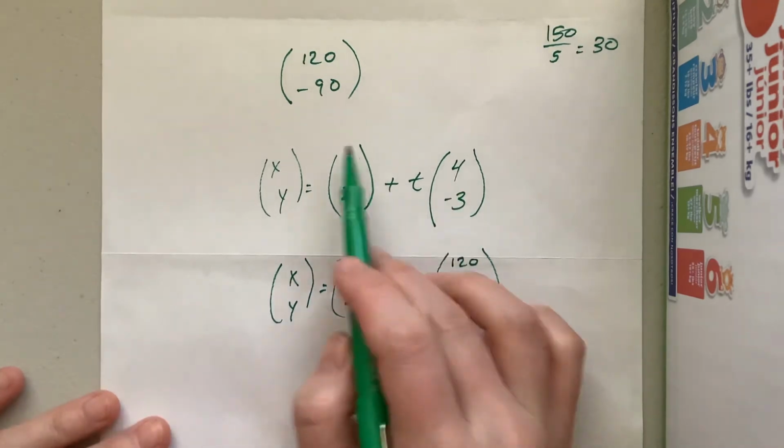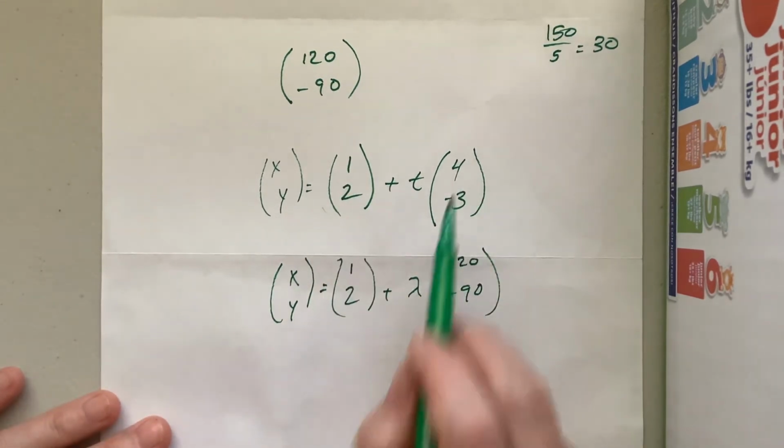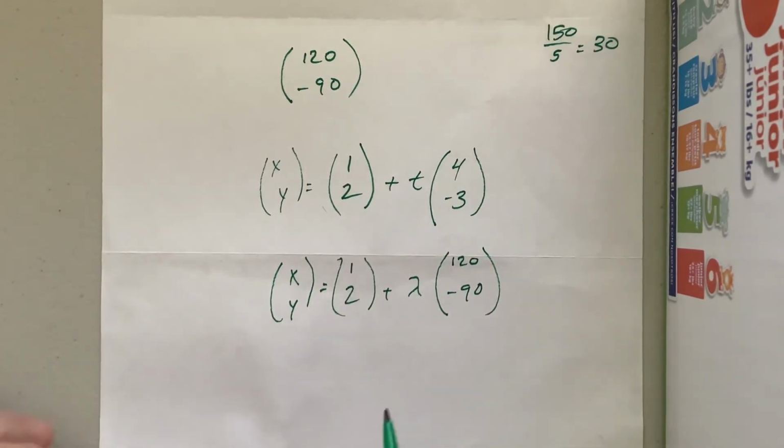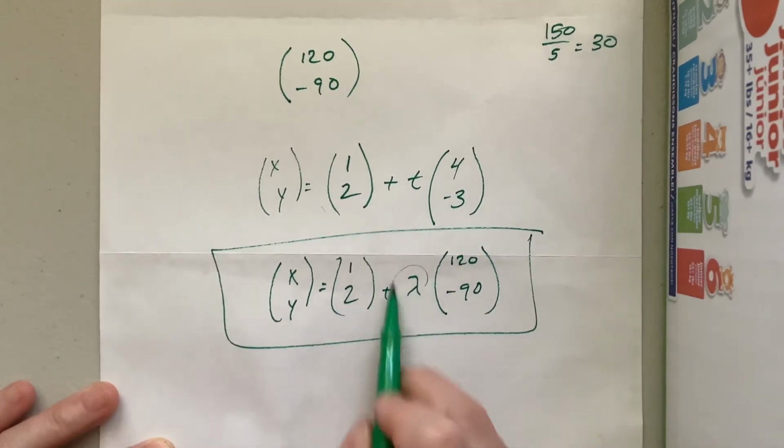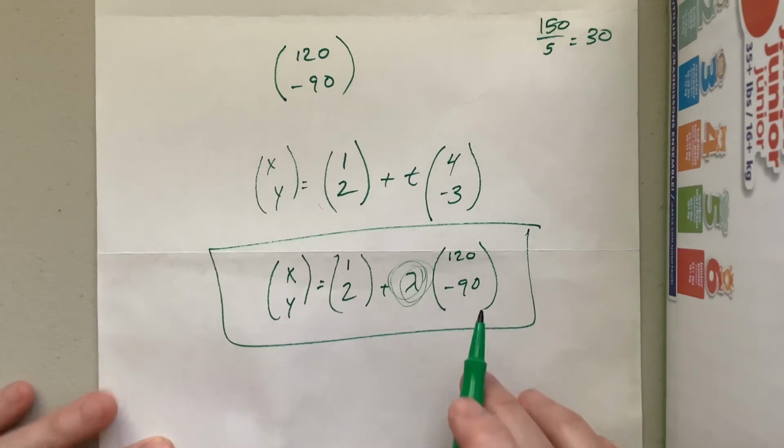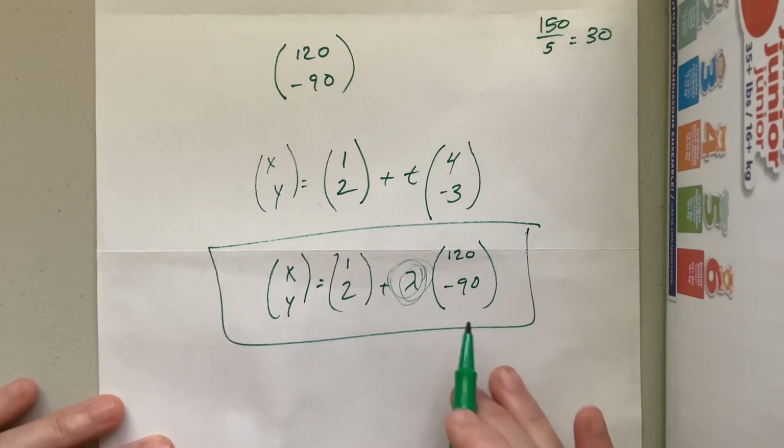Because they start in the same position, their direction vectors are parallel to each other. But the advantage of this one right here is that it allows you to plug in the particular time because it's taking into consideration how fast they're moving.